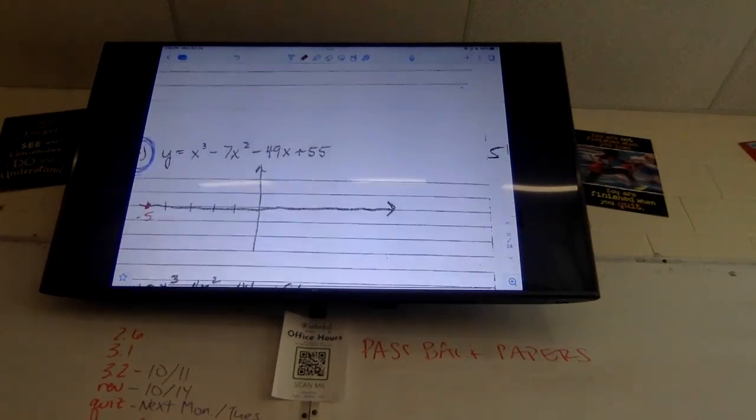So let's do synthetic division with -5. So I've got -5, 1, -7, -49, and then +55. And again, I'm just trying to find my other zeros. We found one through the calculator, and I'm using that one to do synthetic division to find the other ones.